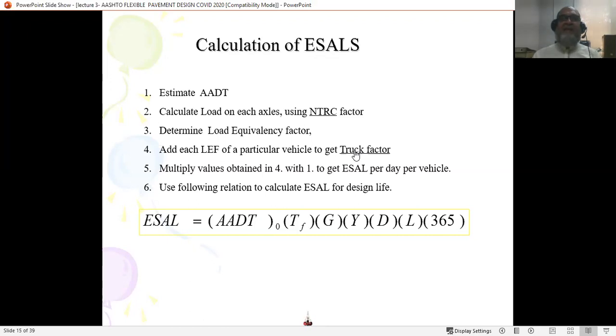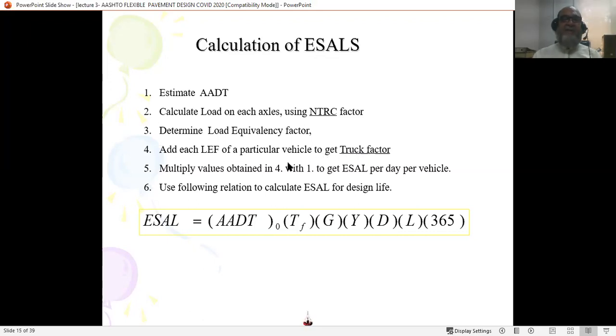This is also known as a damage factor: the damage applied by a loaded truck to a road, combined through all its axles.